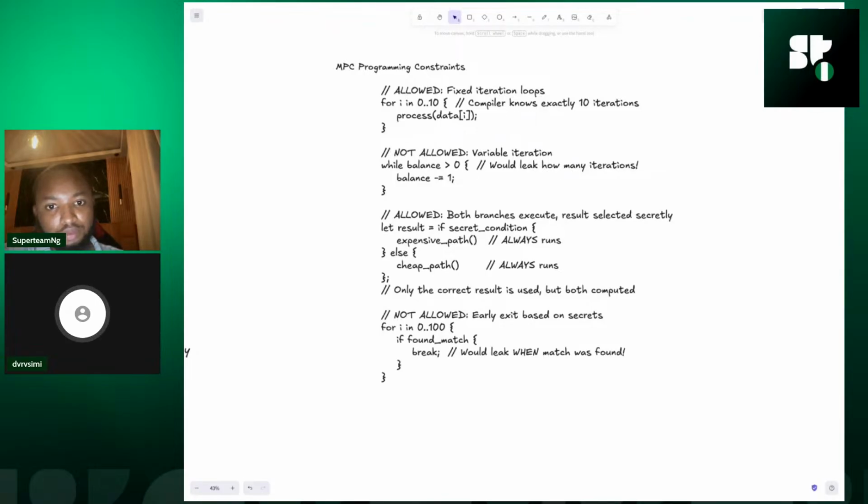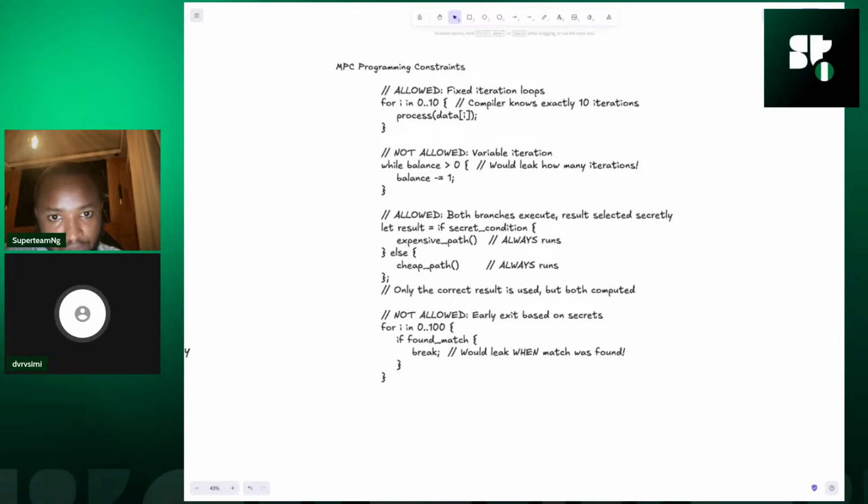Both branches execute and the result is securely selected. So see a first branch explicit pattern, else this does. But if it is in, look at this again, like break. It is basically looking at exactly where it matched.